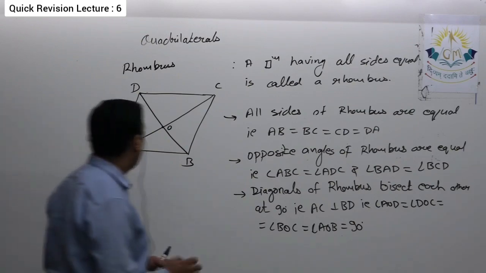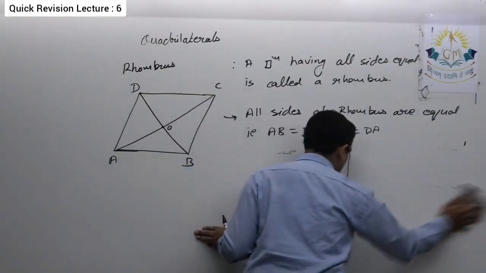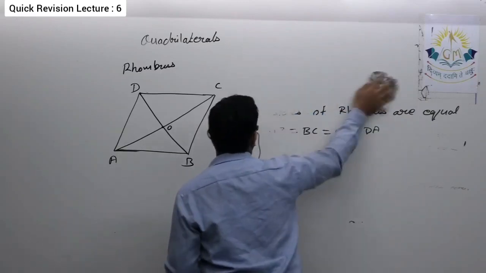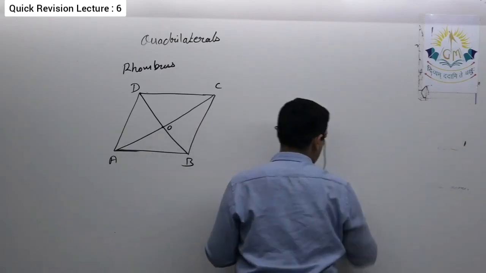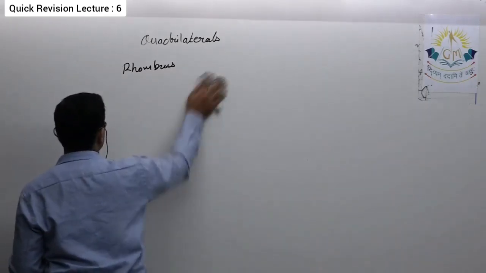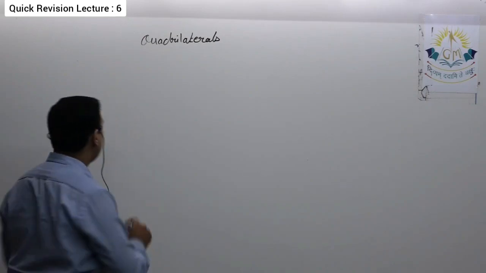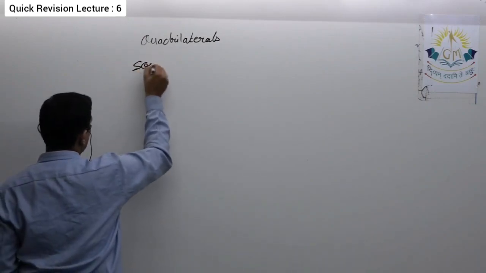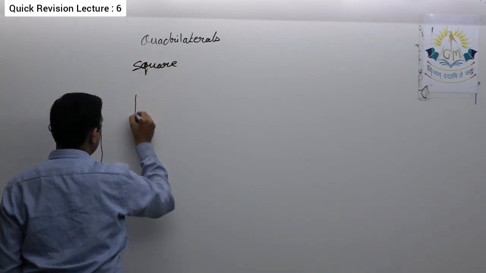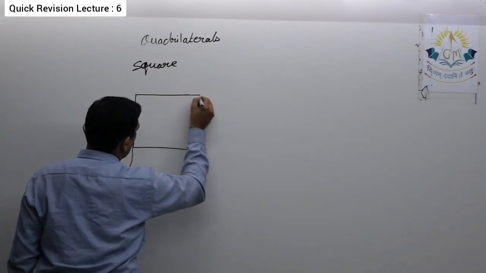First we'll see the definition of square, then we'll see the properties of square. Next is square. If you see the diagram, it is something like this.